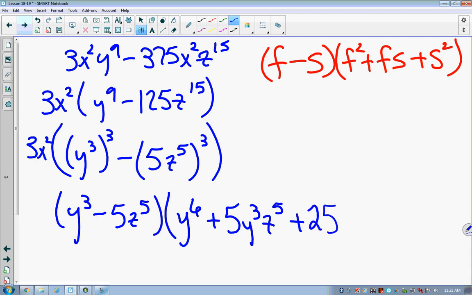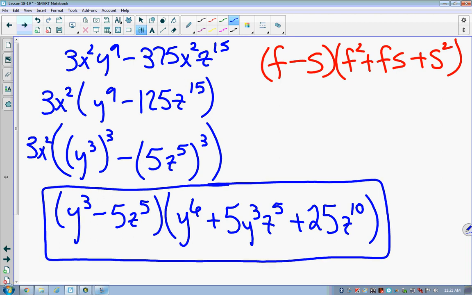25 z to the what? It's squared though. So you're taking that 5 times 2, not 5 times 5. So it's to the 10th. Did somebody say that? Okay. So this whole thing right here is my answer.